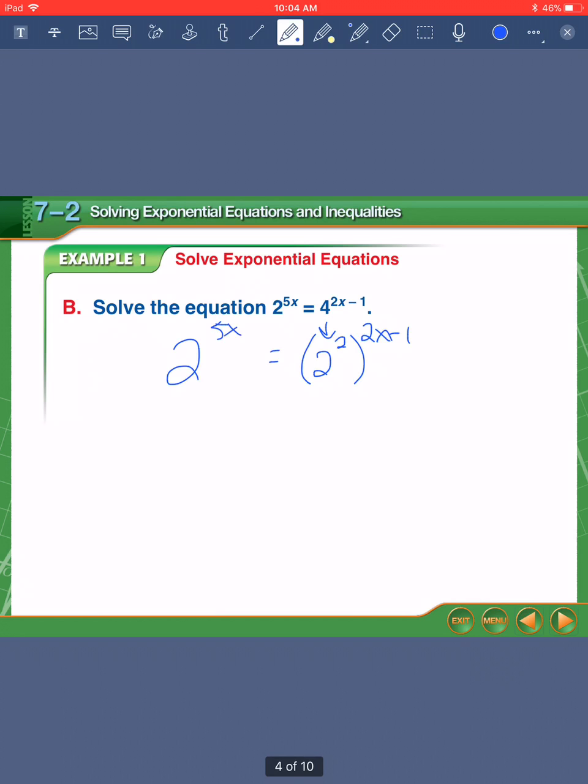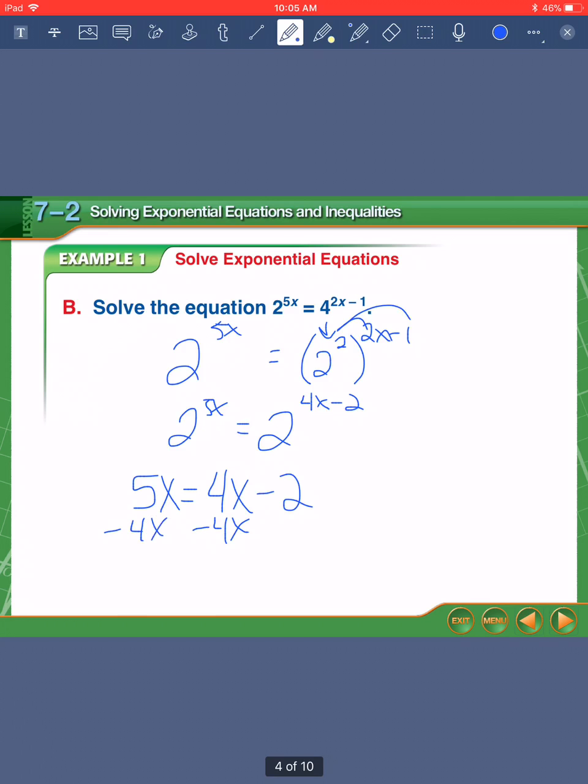When I raise the power to another power, I multiply, so I'm going to distribute out that 2, so I get 2 to the 5x power equals 2 to the 4x minus 2. Now that my bases are the same, I can drop the bases, so I get that 5x equals 4x minus 2. And I'm going to solve for x now, so I'm going to subtract 4x, and I get that x equals negative 2.